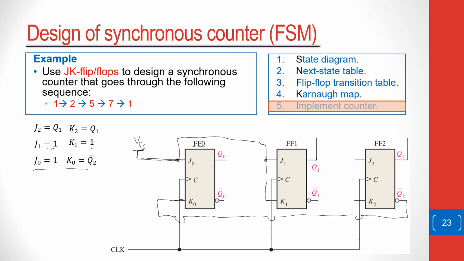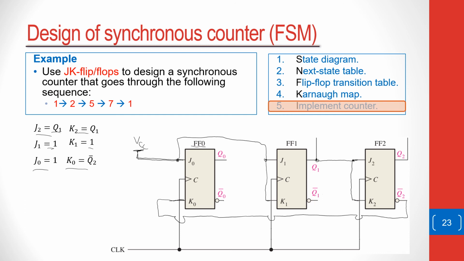And then we move to J2. J2 is tied to Q1. So Q1 goes to J2. And then K2 is also tied to Q1. So that completes our logic.